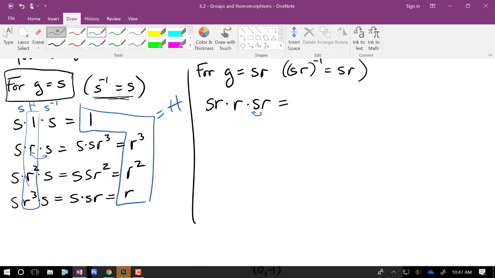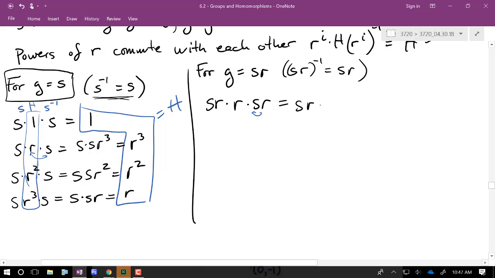So we get SR, I'll call this guy SR squared, and then R cubed times S. And let's see, R cubed times R squared is R. And if we flip these around, we get S times SR cubed, which is R cubed. So that's in H.